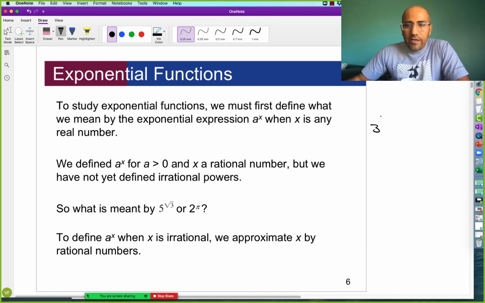So we know that 3 to the 4th power means that we multiply 3 by itself 4 times: 1, 2, 3, 4.